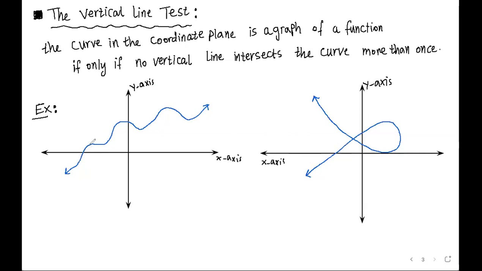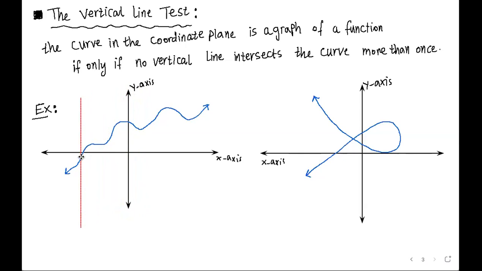Now, to check whether this curve is a graph of a function, I have to draw a vertical line, using the vertical line test. Then this line is supposed to intersect the function at only one point. Look, if I move this red line, I see it intersects the curve at only one point.